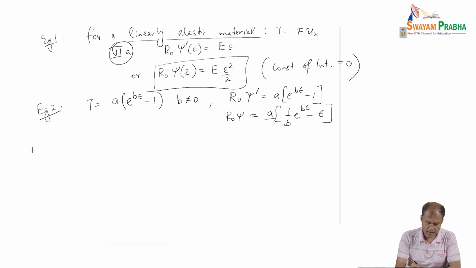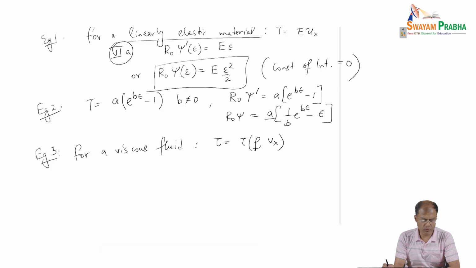So then let us look at one more example. For a viscous fluid, we have tau is tau of rho comma Vx. Here tau is for a viscous fluid, which means that there is no elasticity in the material.